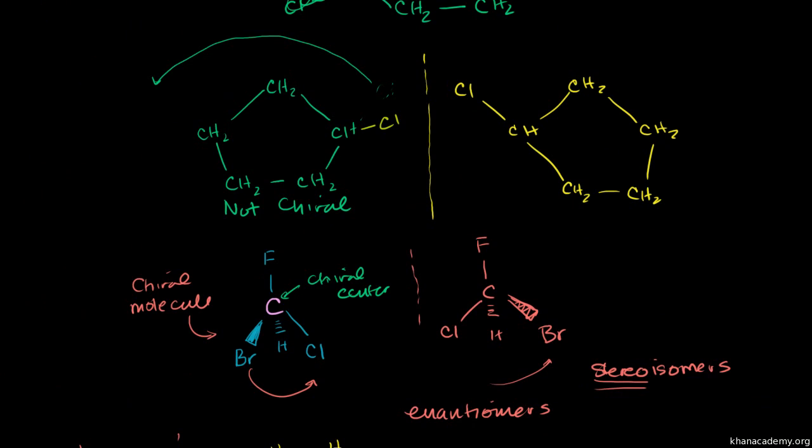But you see over here, this is not a chiral center because there's actually an axis of symmetry for this molecule that goes through that carbon. So you can draw an axis of symmetry that goes exactly through that carbon. The way I drew it isn't completely neat, but you can see that that is the reflection of that if I were to draw the bonds a little more symmetrically.